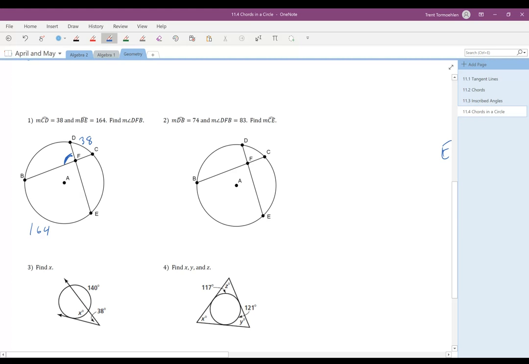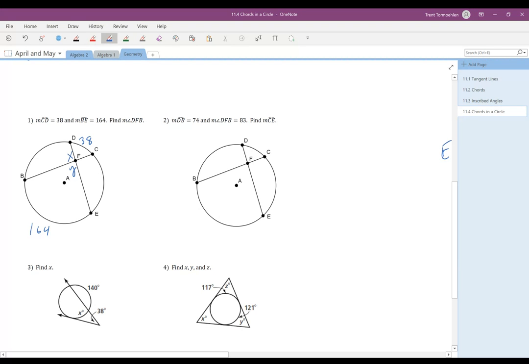Well, when you look at this, based on our theorem, we know that you've got two chords that intersect inside the circle. So the angle is going to be the average of those two arcs. However, I don't want to go find this one first. Instead, let's find that one and then use the fact that those are a linear pair of angles.